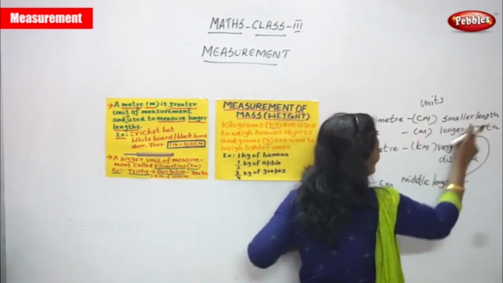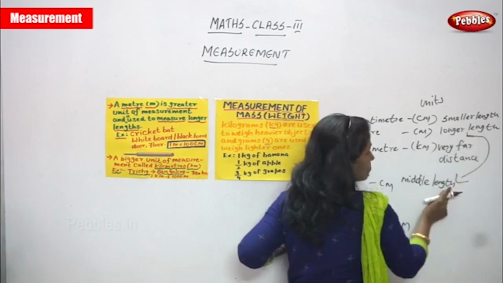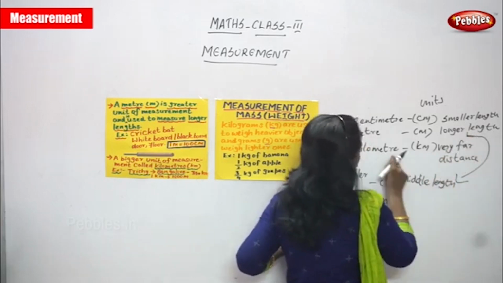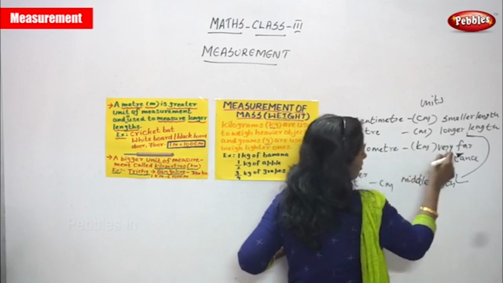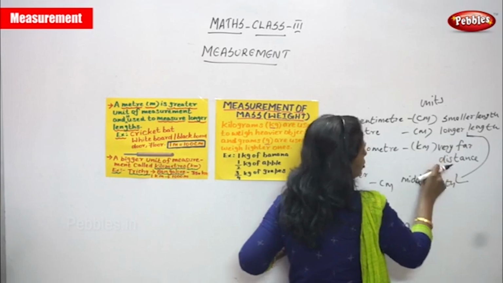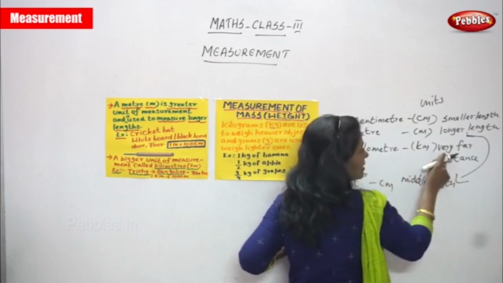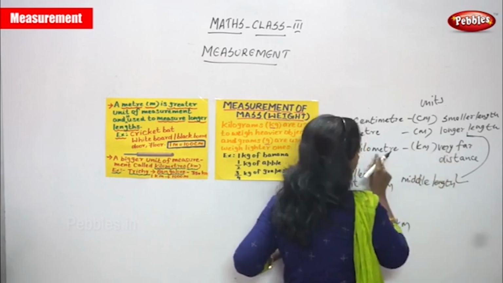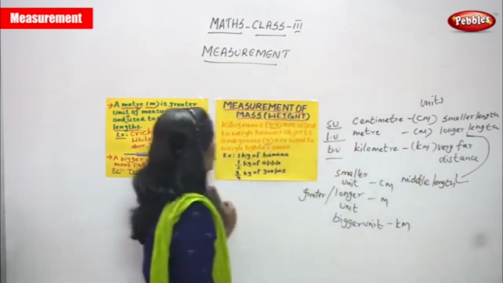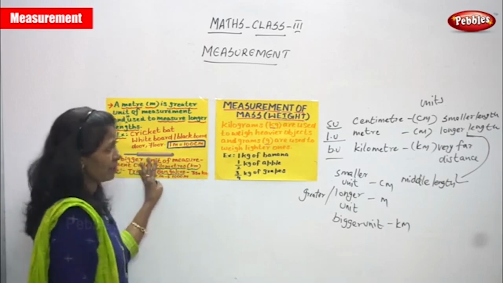This is smaller length, this is longer or middle length, compared to very far distance. Kilometer is where we apply very far distance. So kilometer short form is km. I think you understand the measurement of length.